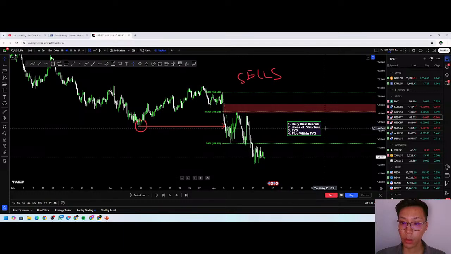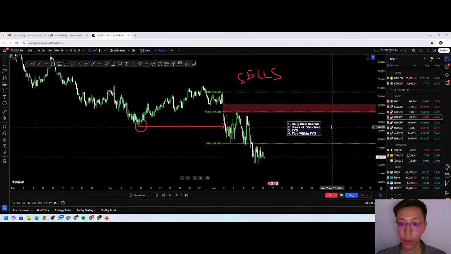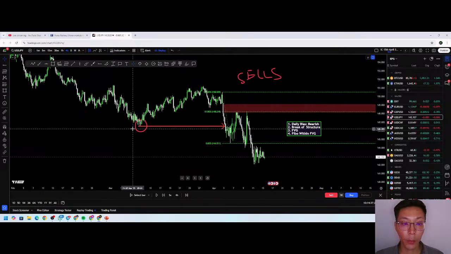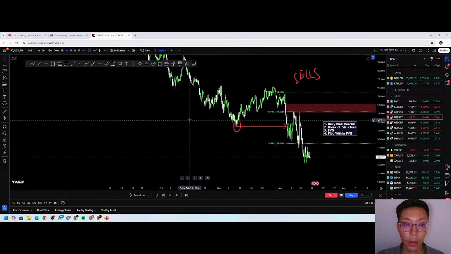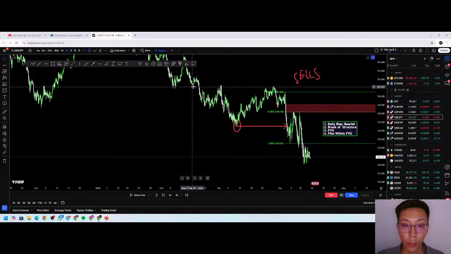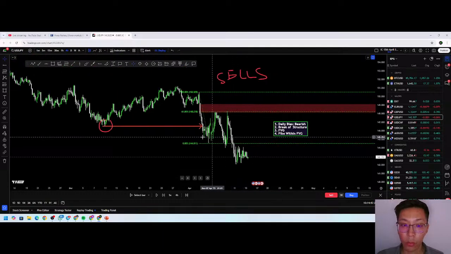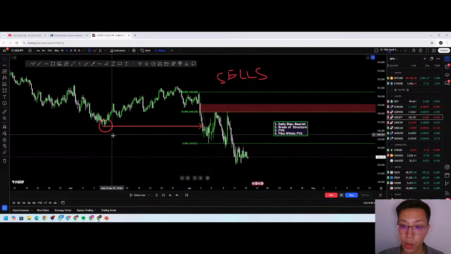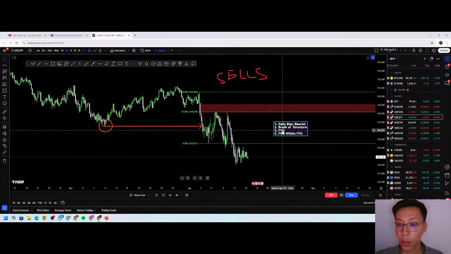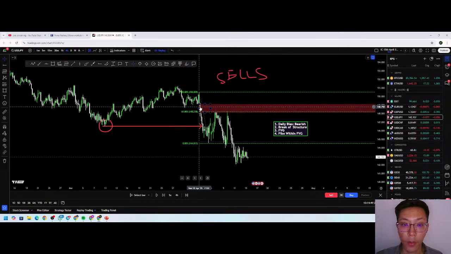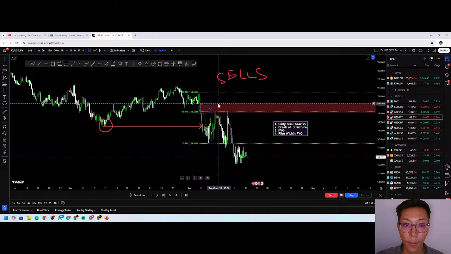Okay, so firstly we have the daily bias, which is bearish. Second, we have proper break of structure, right? And price has been breaking structure all the way, so we don't have to worry about that. This is continuous break of structure. Okay, then the next thing is identifying of fair value gap, right?